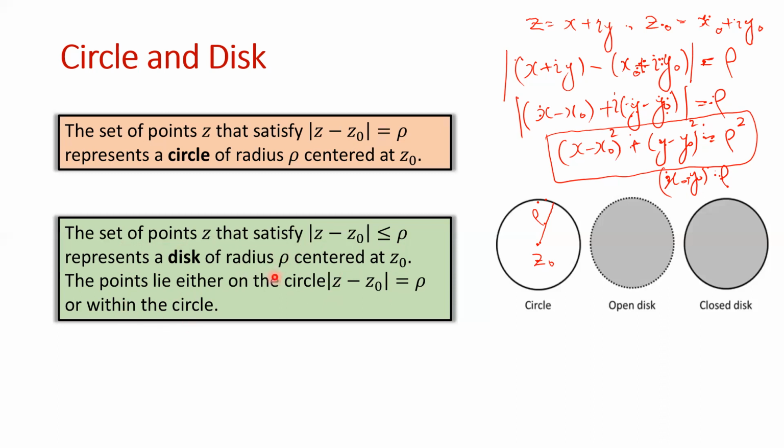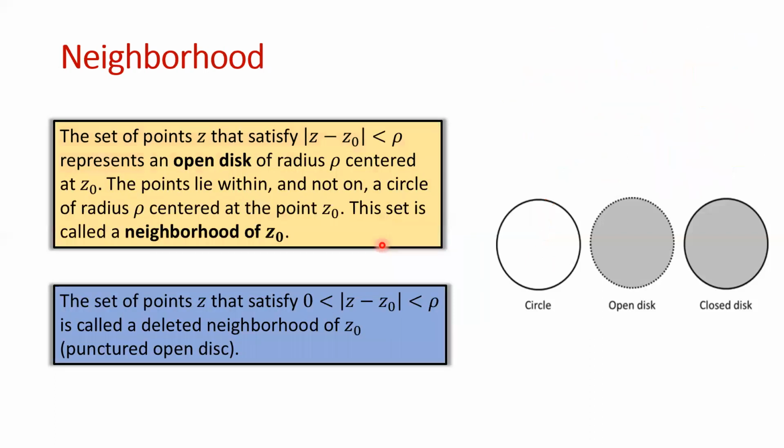This basically represents a closed disk, which means we are taking all those points whose distance from Z0 is less than or equal to rho. Over here, the boundary, that is the circle, is also included in this closed disk, and the interior of the circle as well is included in this set. Such a disk is called a closed disk because over here you have the equality sign as well.